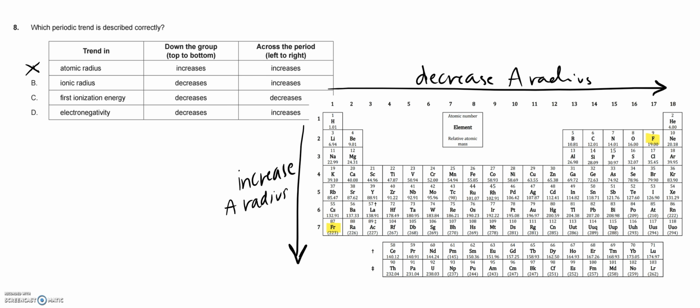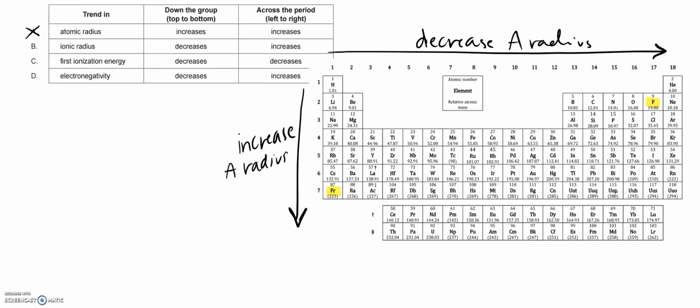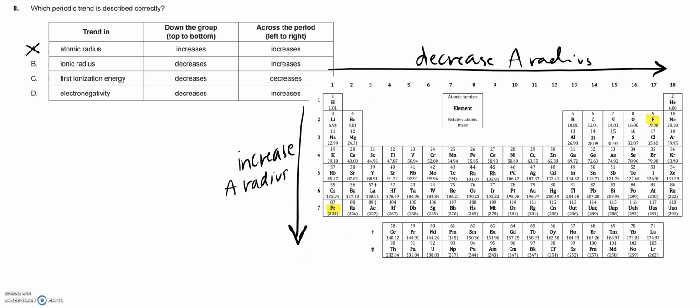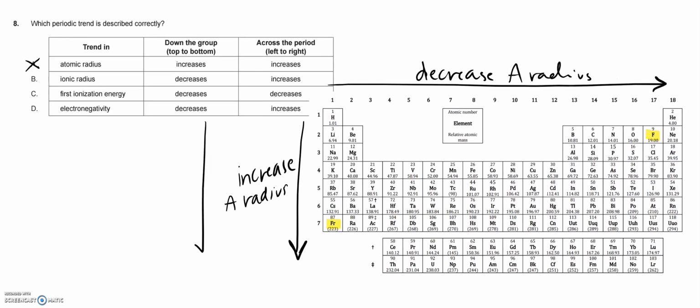So the electronegativity value actually decreases. I'm going to do E-neg for short. We're decreasing the electronegativity. That francium can barely hold on to its own electrons, so it's not going to have a good hold on other electrons.